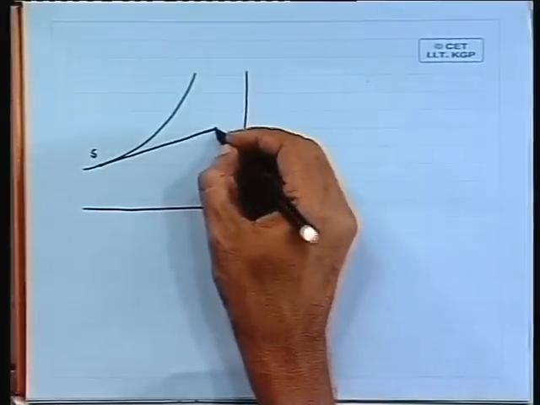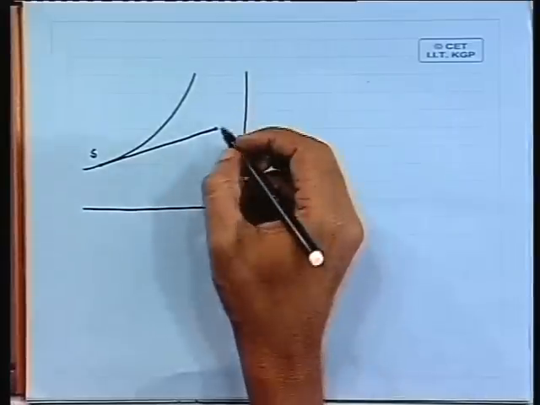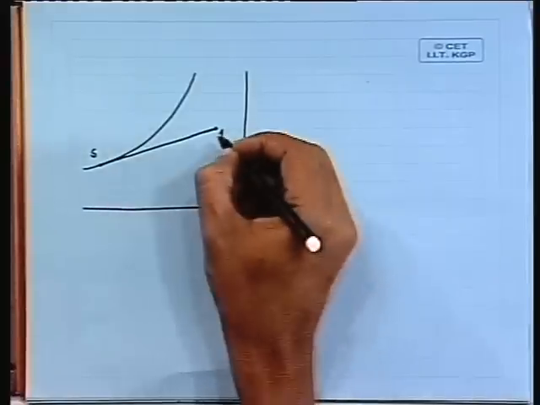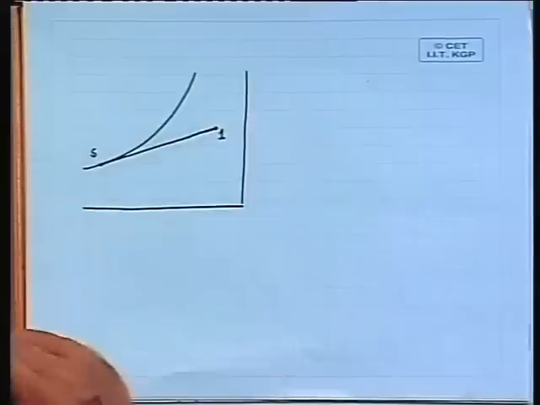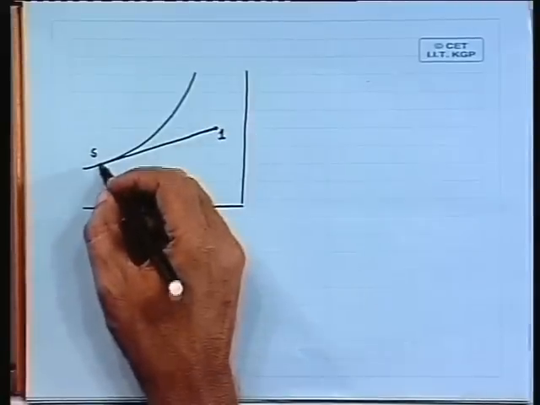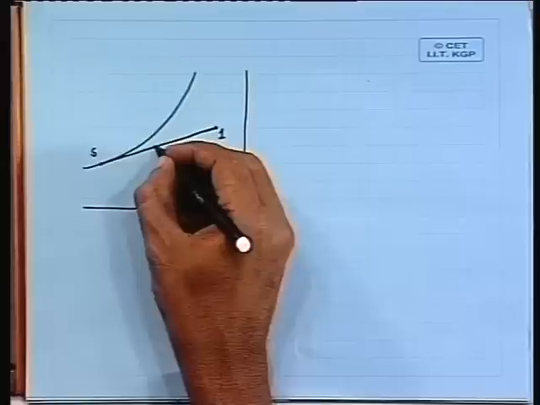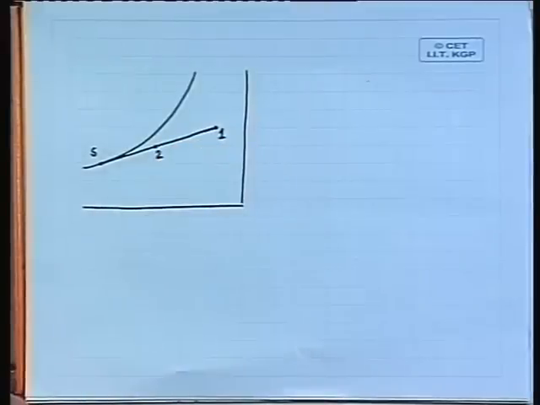We can represent it by any suitable notation, let us say O1. So, we are assuming that certain air is there at condition 1 and another stream of air is there at condition S. These two streams of air are mixing adiabatically to give condition 2, which is the actual exit condition of air.